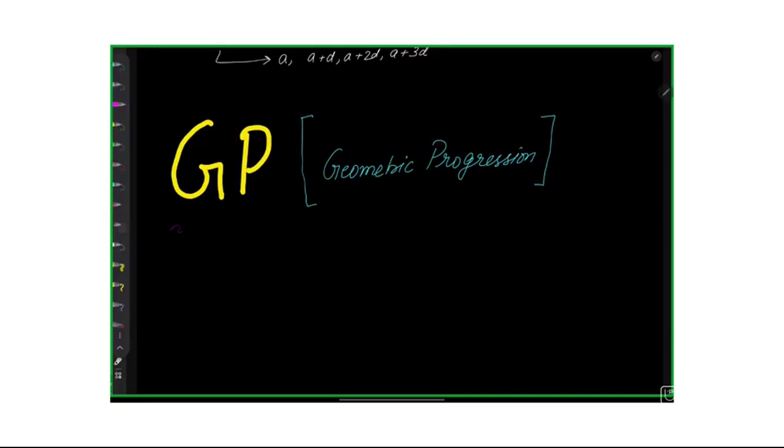Let me write the definition here. GP is also a sequence of non-zero numbers, to keep in mind. Non-zero numbers.